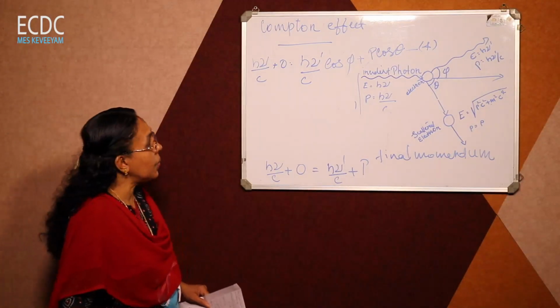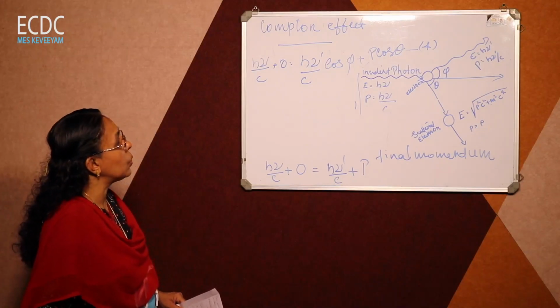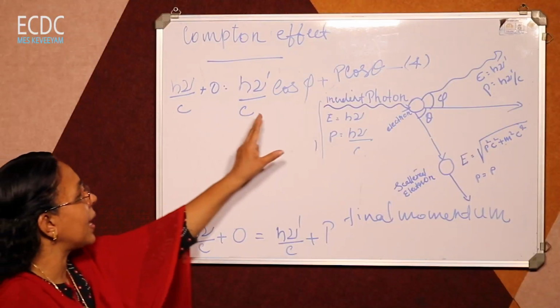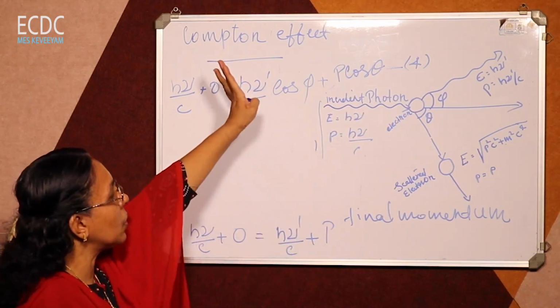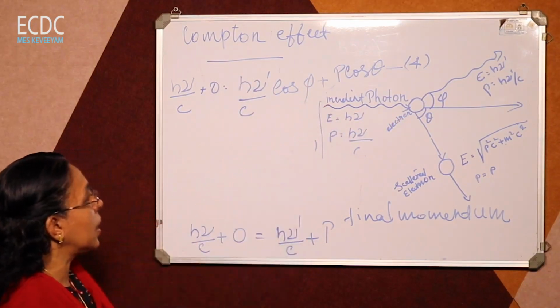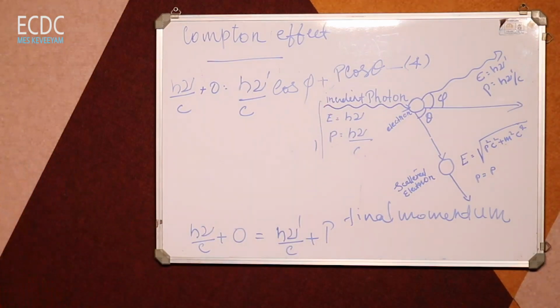And in the case of the perpendicular direction, this was along the parallel direction, or in the direction of the incident photon, and in the perpendicular direction again we have to take the components. Then I have to draw a diagram for that.